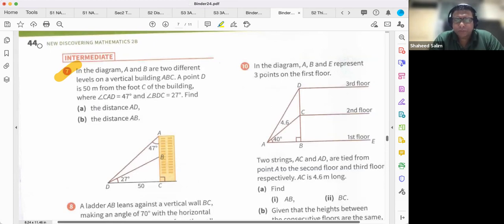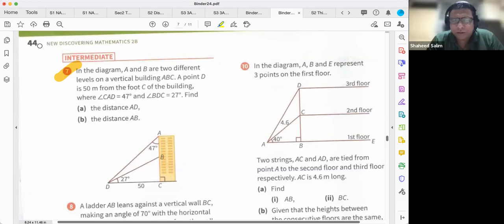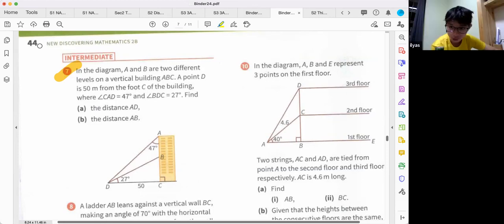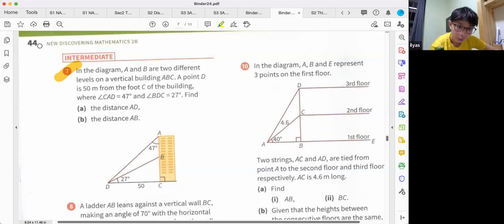Are you using the basic one? I'm finding BD first. BD first. Okay. BD is 5 meter.